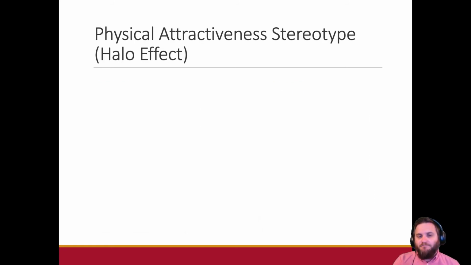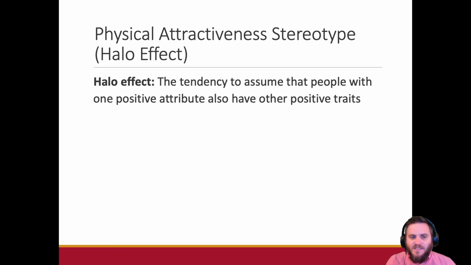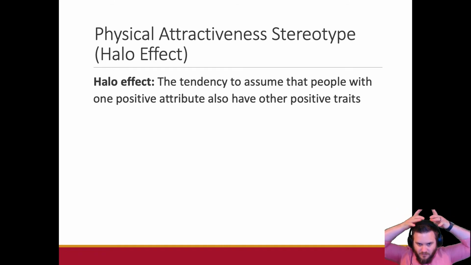Behavioral confirmation. An additional feature of this is the halo effect. This is when one good or positive attribute is assumed to be one of many positive traits a person has. So that's the halo, right?